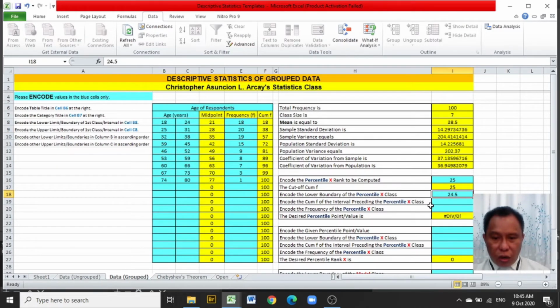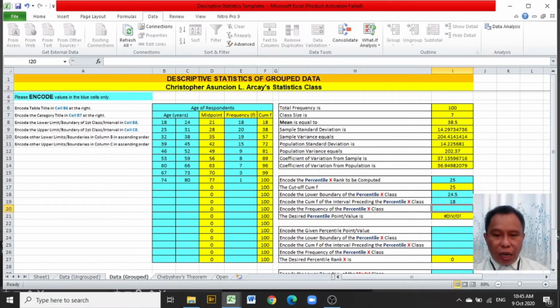Next, encode the cumulative frequency of the interval preceding the percentile 25 class. The class is 25 to 31, its cumulative frequency entry is 38, and the cumulative frequency of the preceding interval is 18. So encode 18.